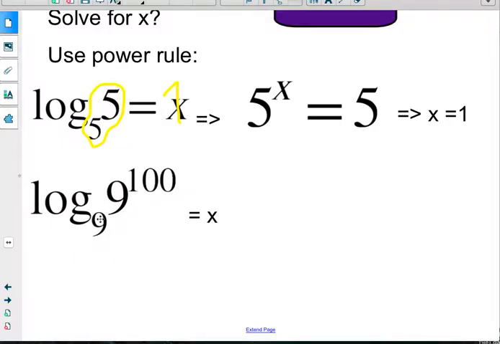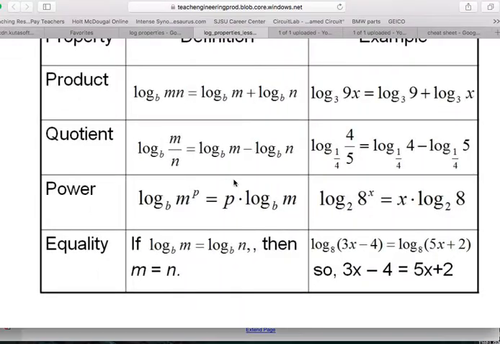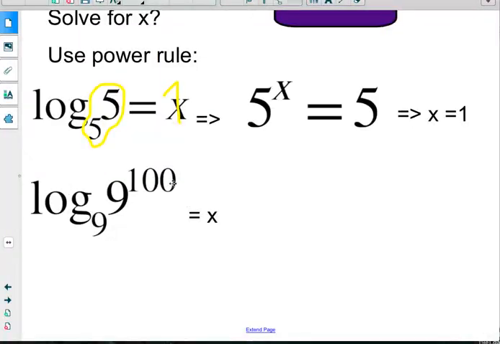So we have log base 9 of 9 to the exponent of 100. We look at our cheat sheet. We have an exponent, and the exponent becomes a coefficient.